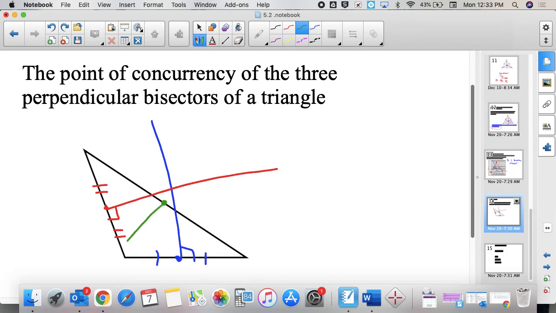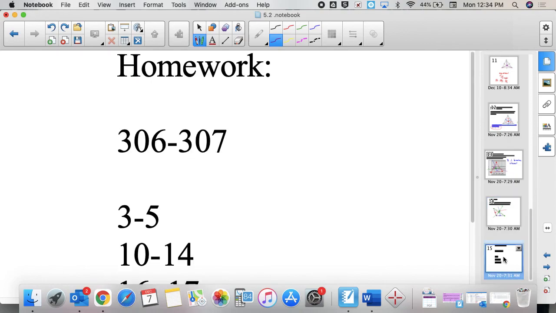So even though I would draw it coming this way, it's a line, so it would extend this way also. From this point to here, and to here would all be the same. And then there's your homework tonight.